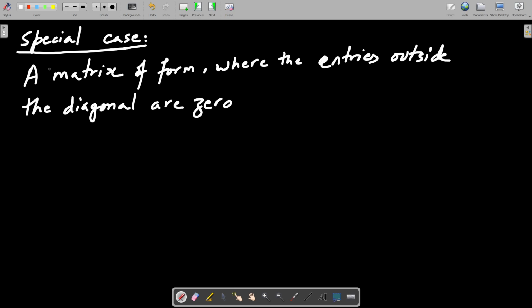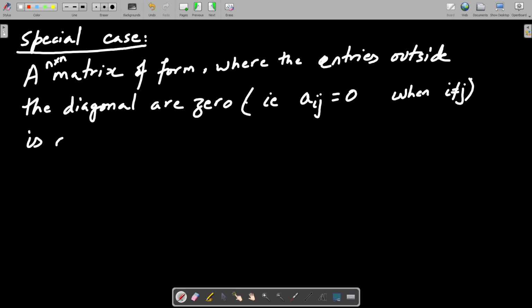By the way, this should be an n cross n matrix. That is, Aij is equal to 0 when i is not equal to j. Okay, is called a diagonal matrix.